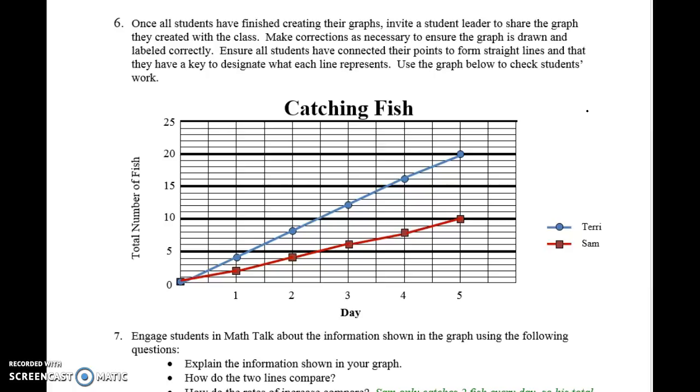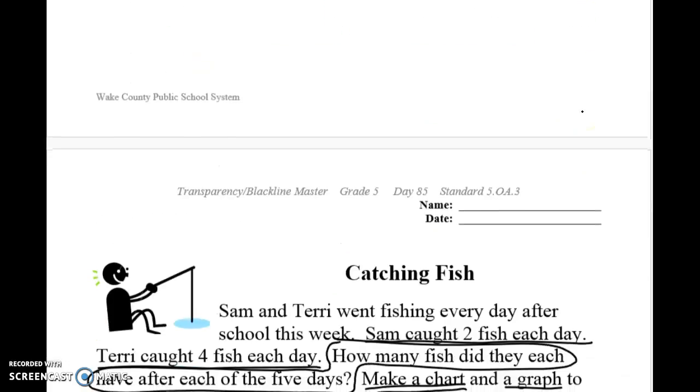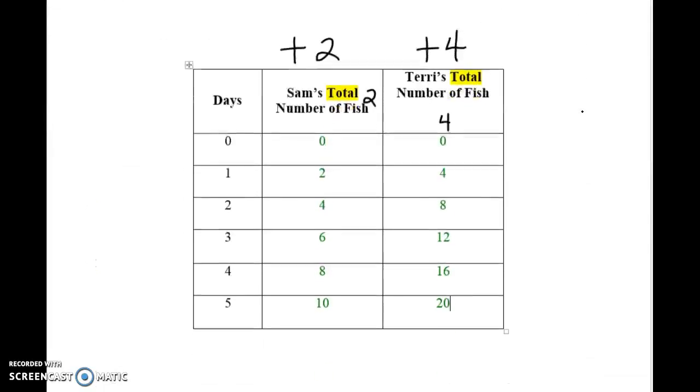Now, what's the difference about this graph versus the ones that we did in quarter 1? How many lines do we have? 2, because we have 2 number patterns. So now that we have 2 number patterns, let's go back and look at our data and see how they made those ordered pairs.